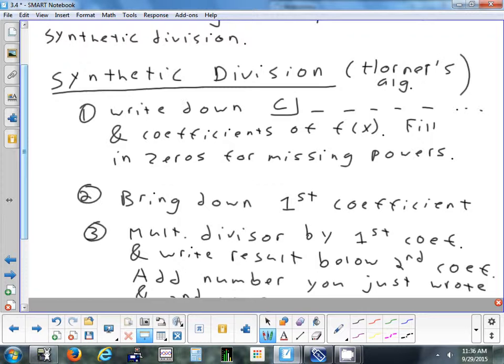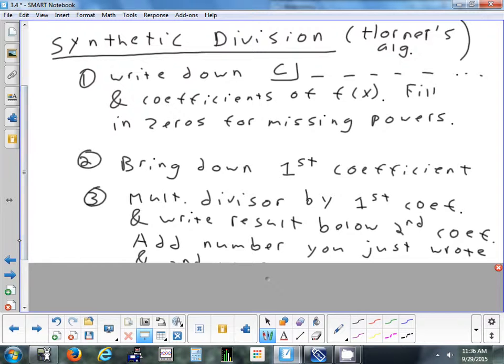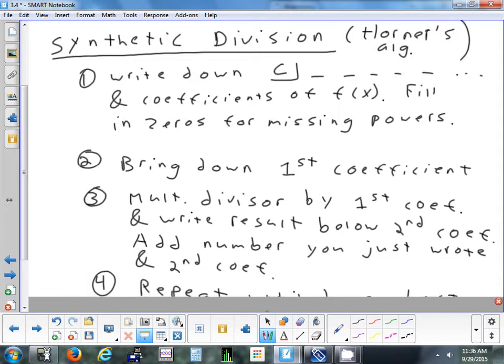Then we're going to add the number we just found to the coefficient that's above it and write down our answer.